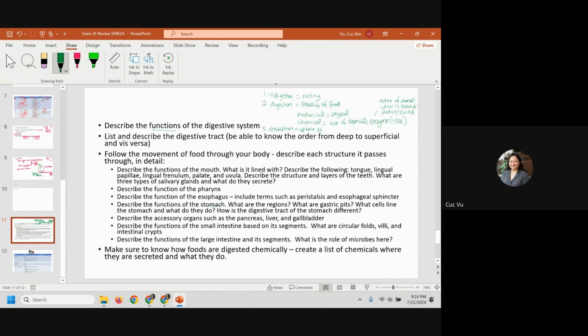Uptake of nutrients, lipids, water, vitamins, etc. And when we say into the body, technically isn't it already in the body? No, not until we get into the small intestine. No. It's like into the bloodstream.